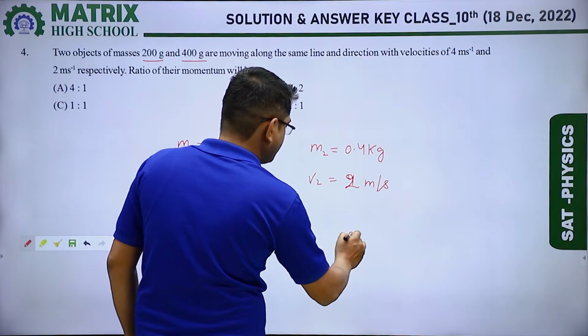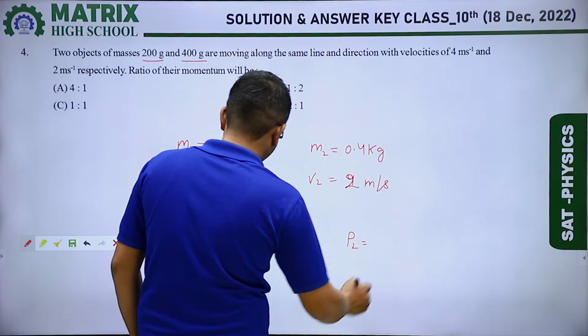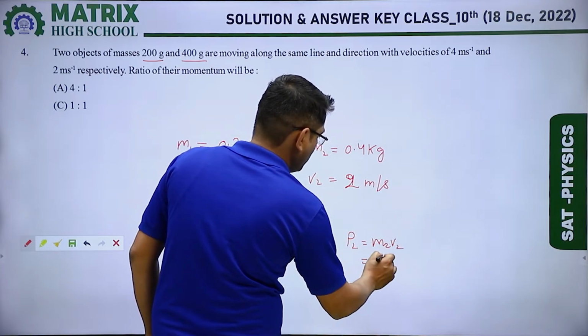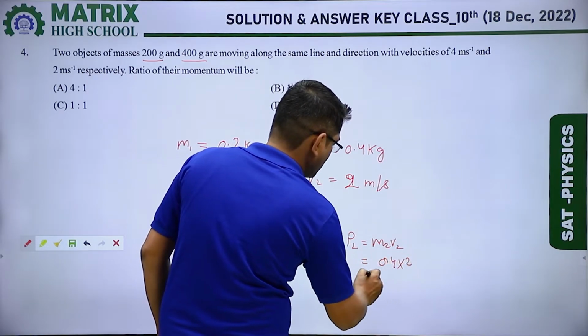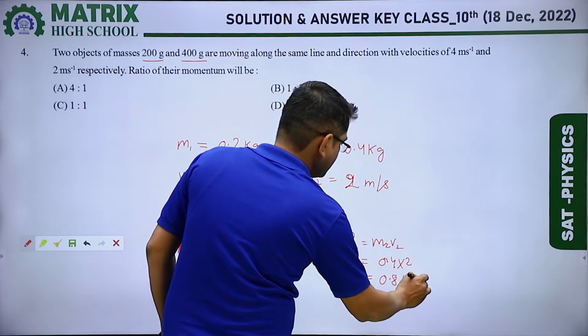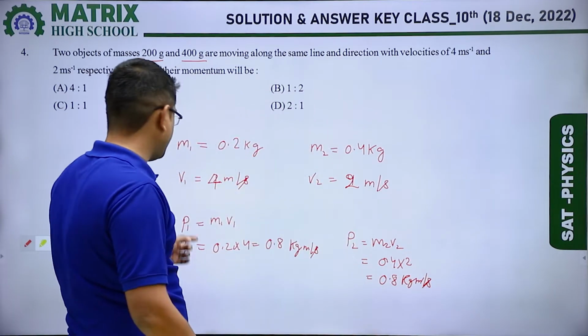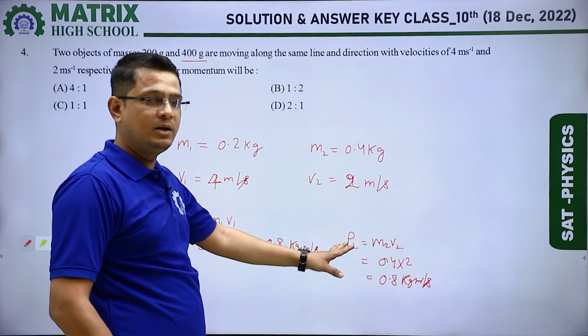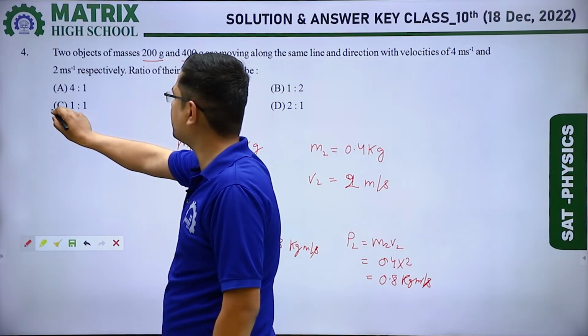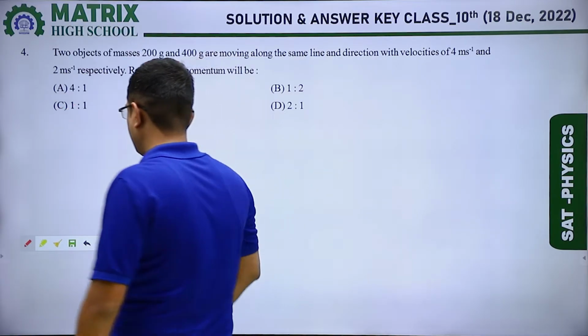Similarly, the momentum of the second body P2 is M2 into V2, which equals 0.4 multiplied by 2, which is also 0.8 kg meter per second. As the momentum of both bodies is equal, their ratio will be 1:1. So the correct answer will be option C.